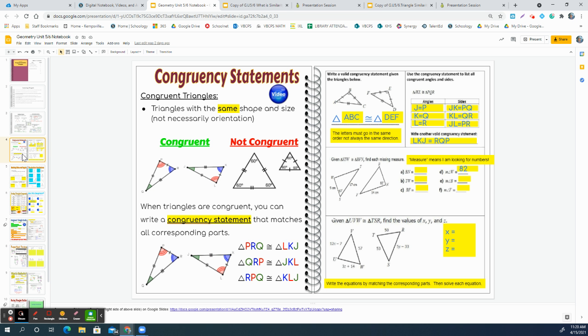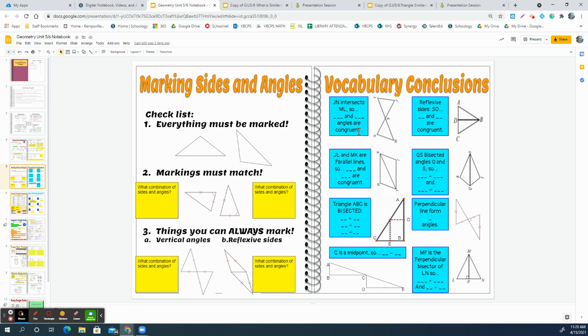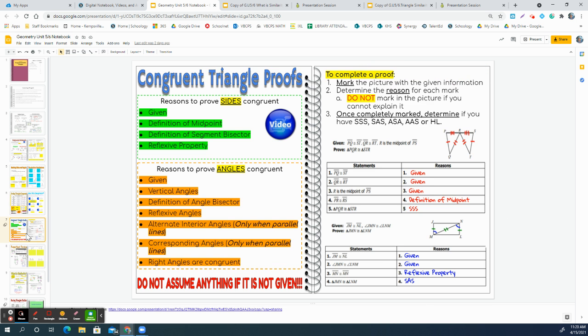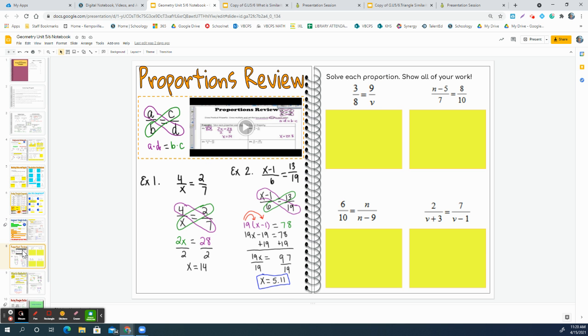Hopefully everybody used these yesterday, right? We've done some congruency statements. This page should be complete. These two pages should be complete, or this one page. There's nothing really to do on this page. These are proofs.